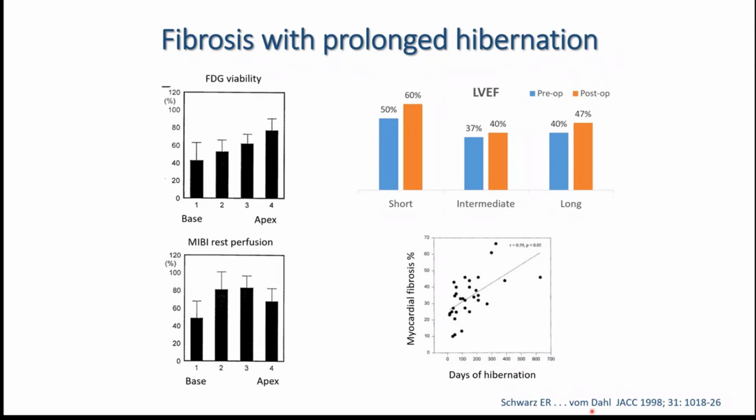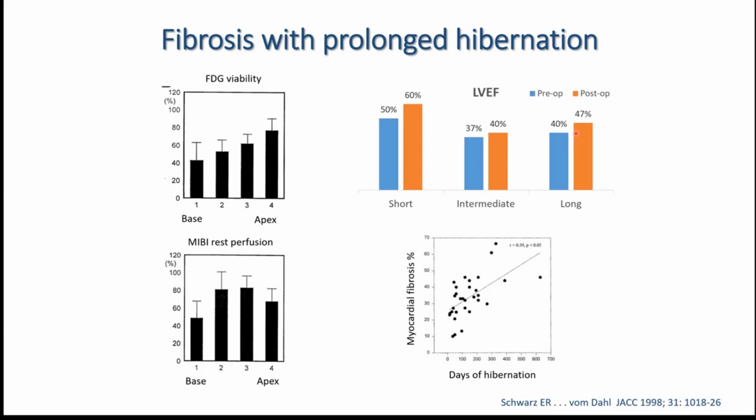So here's from Jürgen von Dahl in Germany. He classified segments preoperatively as short-term hibernation, intermediate and long-term, with significant improvement in overall function for short-term, but much less in the way of improvement with intermediate.